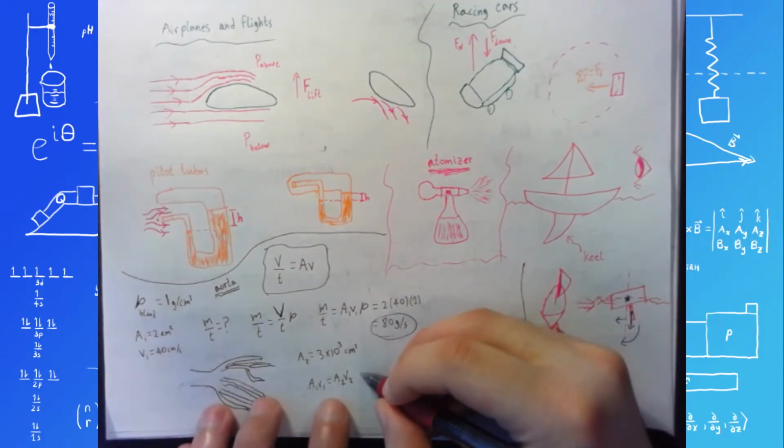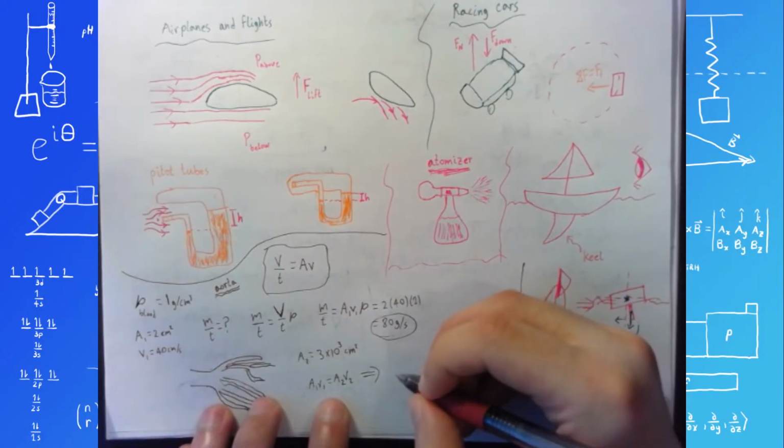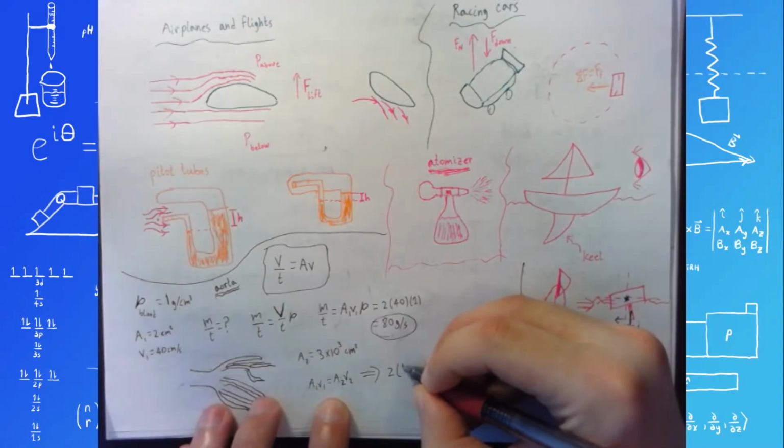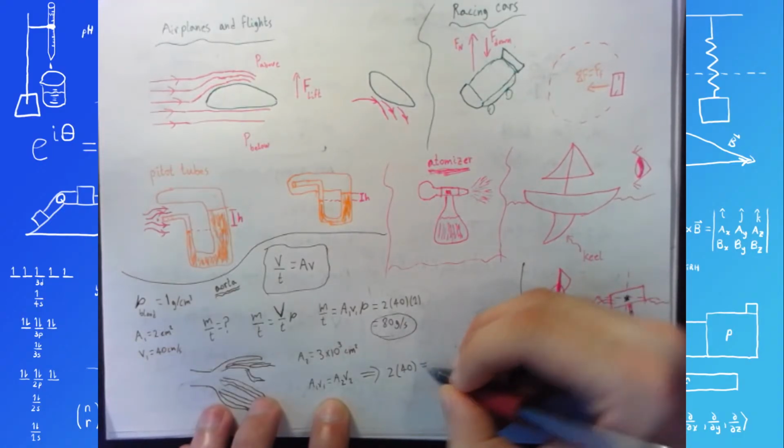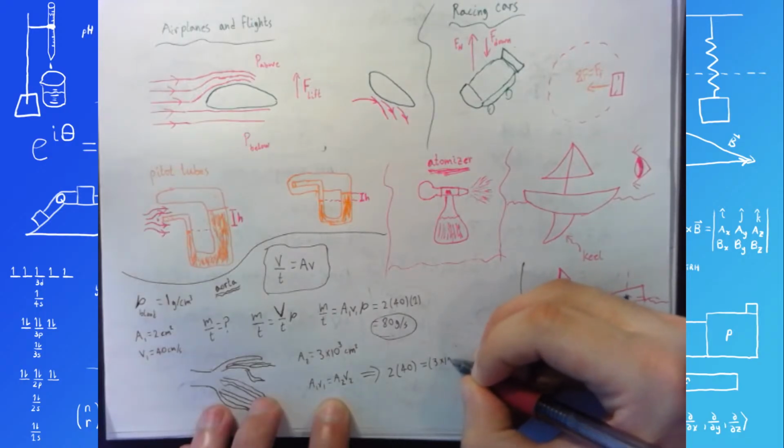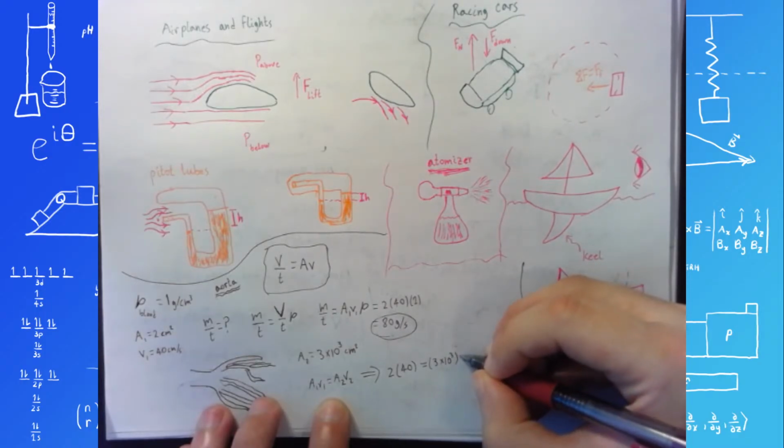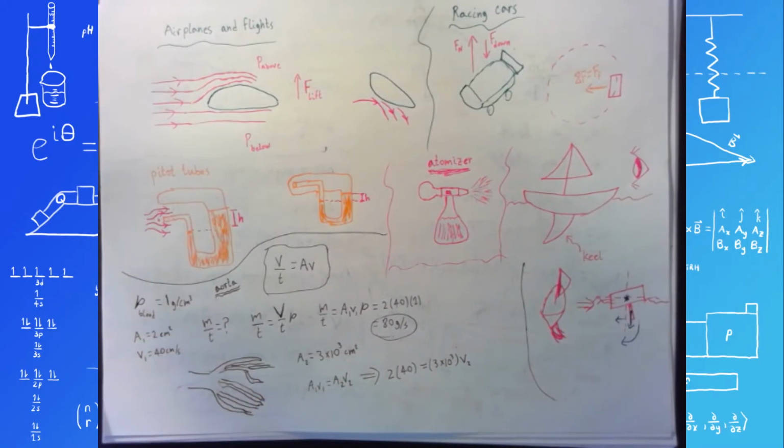So we just do, let's see, 2 times 40 equals A2, which is 3 times 10 to the 3, times V2, which is going to be something really, really small. 2 times 40 is 80. 80 divided by 3 times 10 to the 3.